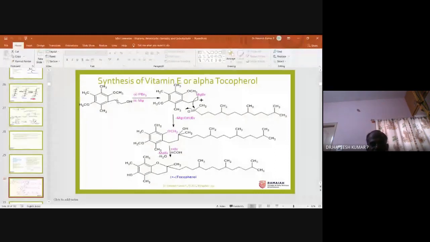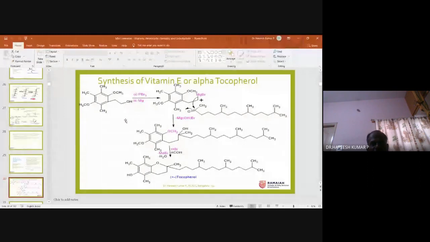You can observe that a hydroxy group is there, with two methoxy and three methyl groups, so benzene is substituted at all the positions. This hydroxy group is part of an aryl alkyl alcohol. This group is aryl, this group is alkyl, and it is an alcohol.